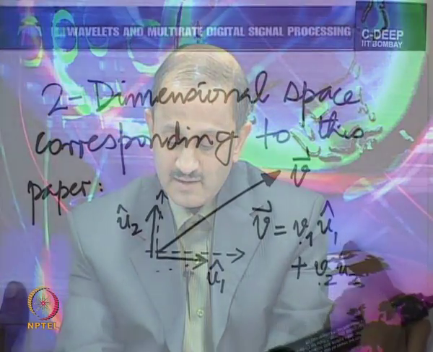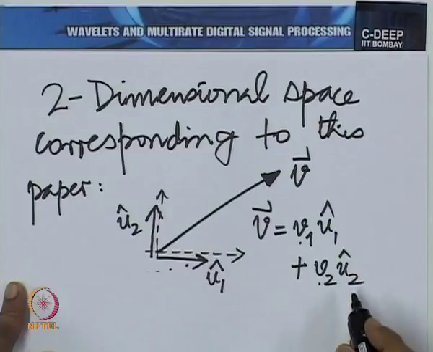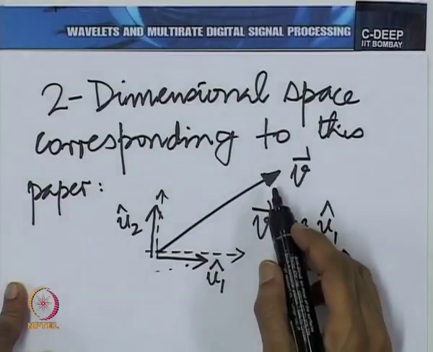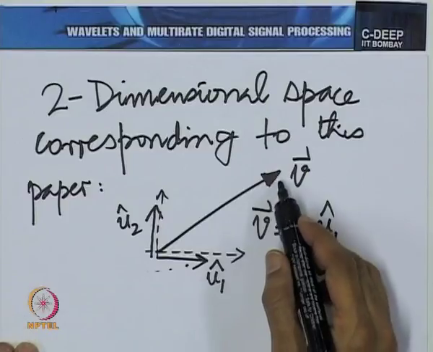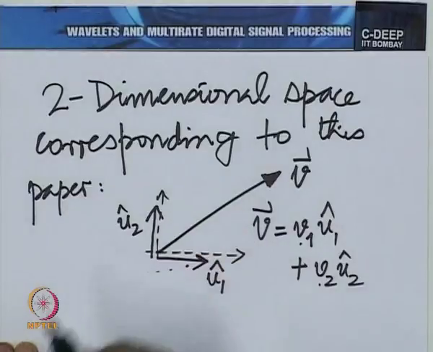I had this representation previously, where v is v 1 u 1 cap plus v 2 u 2 cap. And remember, v 1 and v 2 here of course are constants and very easy to obtain, because I can simply obtain them by taking a dot product of v with u 1 cap and v with u 2 cap.